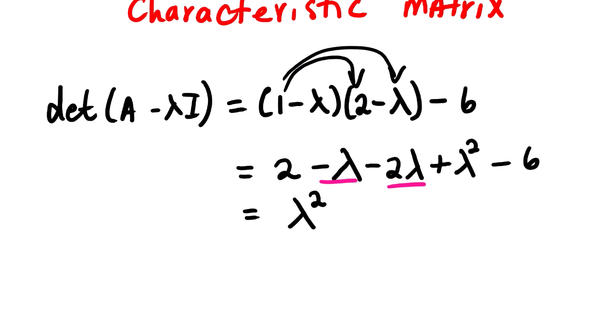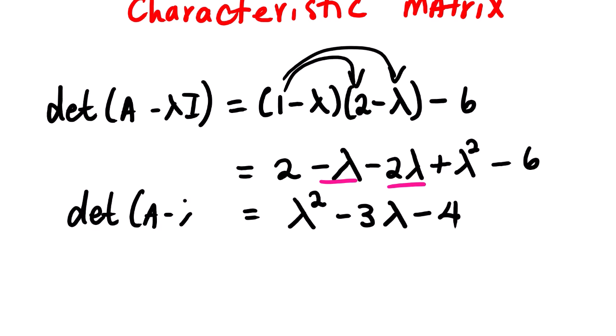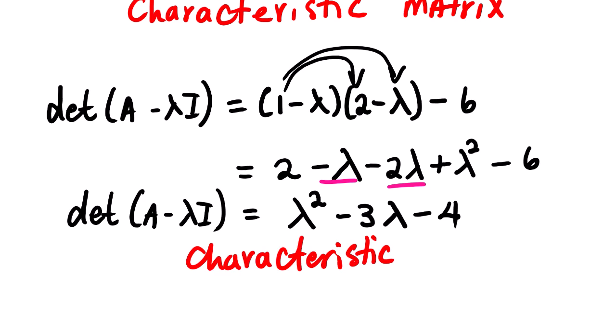Negative 1 minus 2, it's negative 3, then we have lambda. 2 minus 6, it's negative 4. Remember, this is the determinant of A minus lambda I. We are done with our second step, which is the characteristic polynomial.